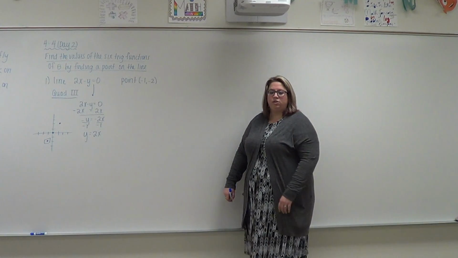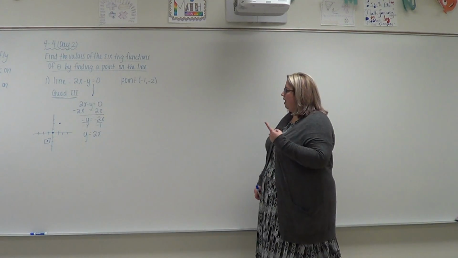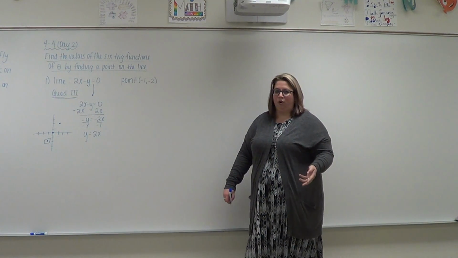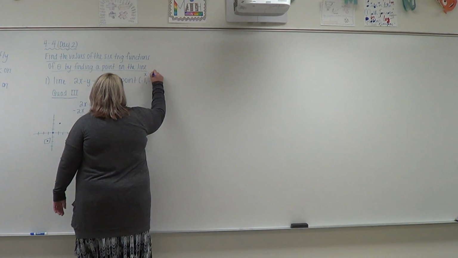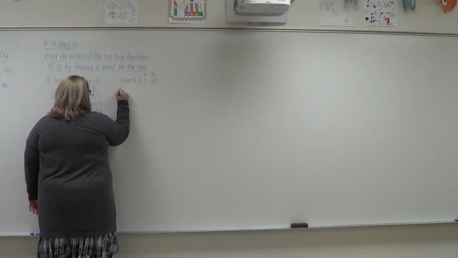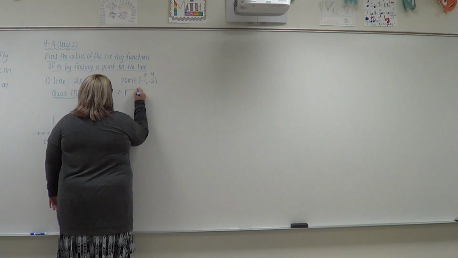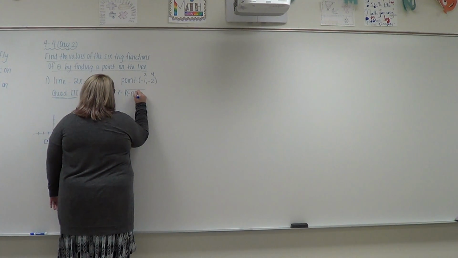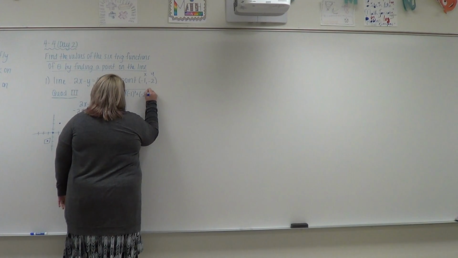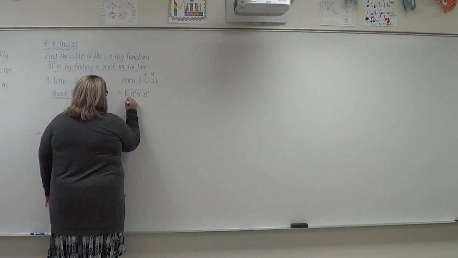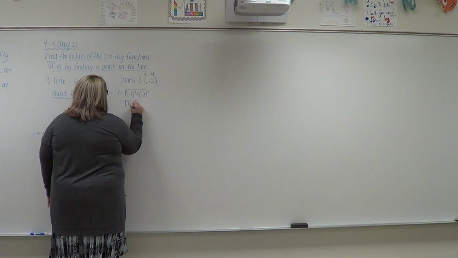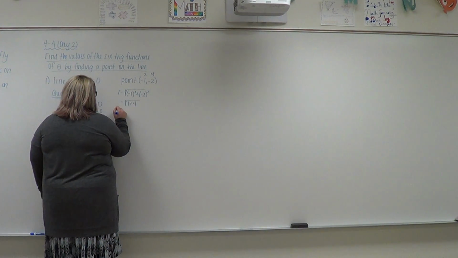Okay, then it takes off just like what we did yesterday. So you have your x, you have your y, now we gotta find our r. To find r, do the square root of x squared plus y squared. So this would be the square root of 1 plus 4, which is the square root of 5.